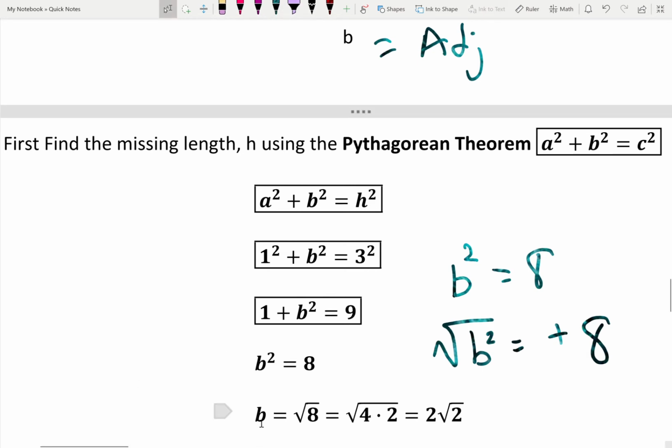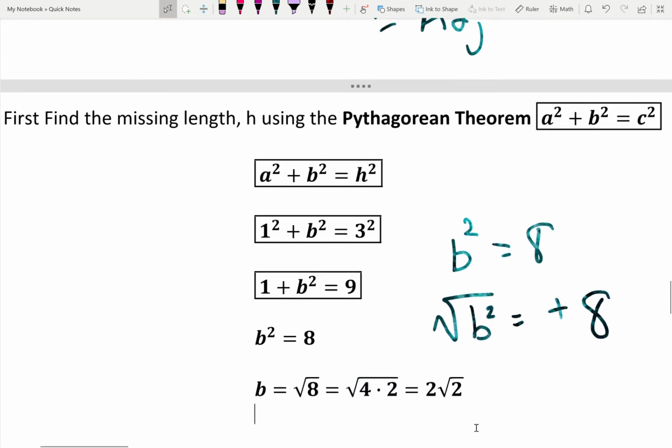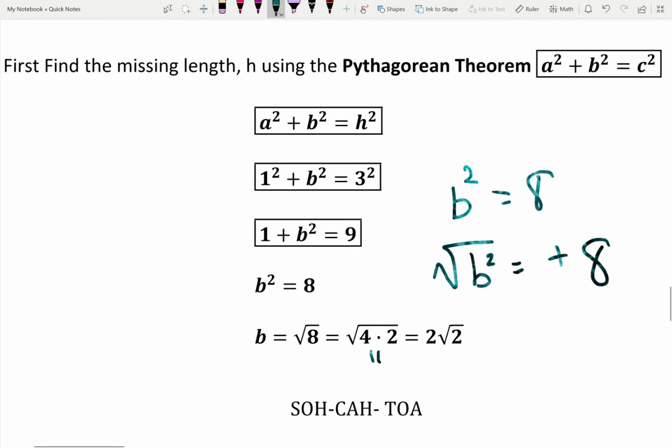So b is equal to square root of 8, but square root of 8 can be turned into square root of 4 times 2. I hope you guys remember how to do this. It's been a while, I know. So at this step, when I break 8 up into 4 times 2, I can split my radical into square root of 4 times square root of 2.